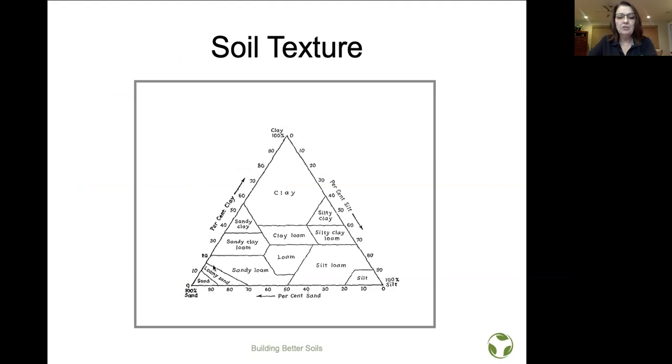So soil texture, I'm sure most of you have seen these soil triangles in the past. The soil texture is determined by the amount of sand, silt, and clay. If you have anywhere from about 86% sand to 100% sand in your soil, you're going to have a sandy soil.